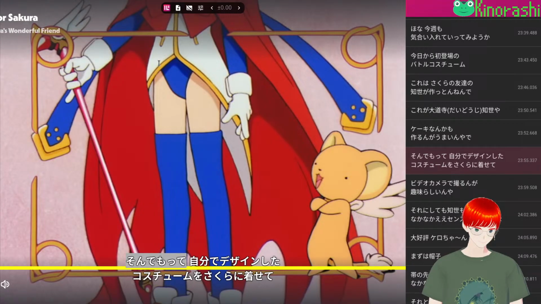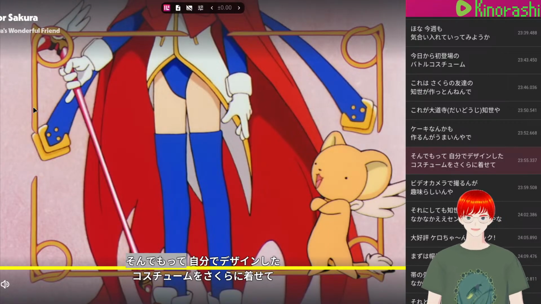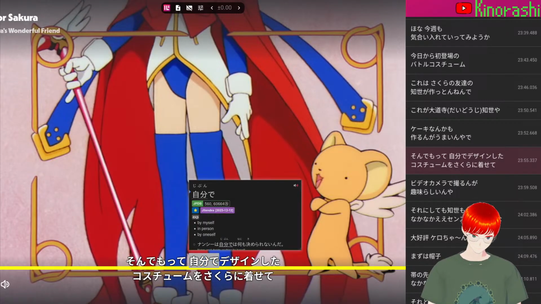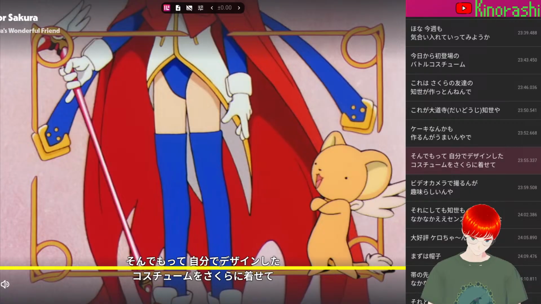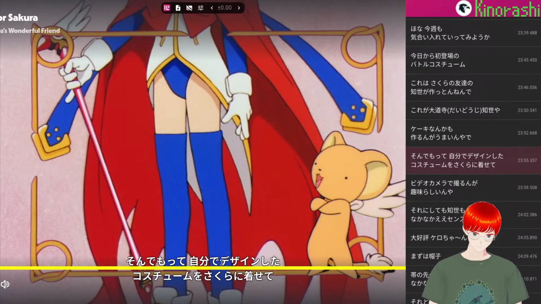Oh, that's right, mo is more. Mote, by means of, because of, adds emphasis to the preceding word. So, sonde motte, jibun de design shita. Oh, she designed it herself, essentially. They were referring to Tomoyo-chan that was just being spoken about.